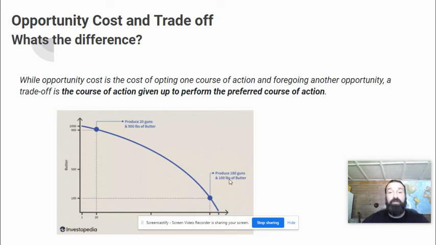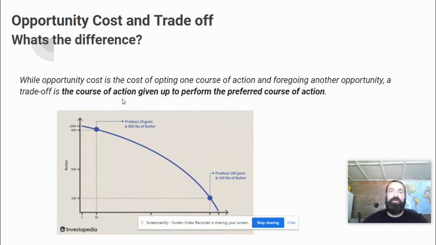So the cost of making 180 guns is 800 pounds of butter. Does that make sense? Or the cost of making 20 guns, or 900 pounds of butter, pardon me, is 160 guns, if that makes sense.